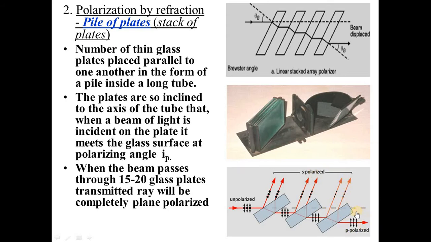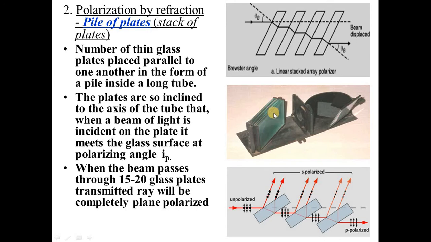This is how we get polarization by refraction, and you can see the components perpendicular to the plane, and we will have components parallel to the plane. Experimentally, this is the method of producing plane polarized light by refraction.